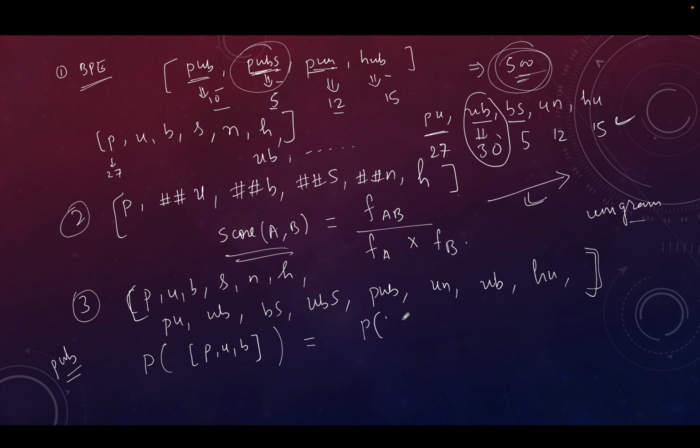So probability of P multiplied by, so it treats them independently, U, and then probability of B. So this denotes that we are tokenizing PUB as P, U and B, 3 tokens. So it will give some probability.